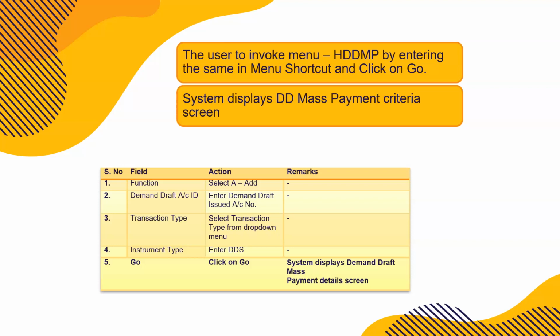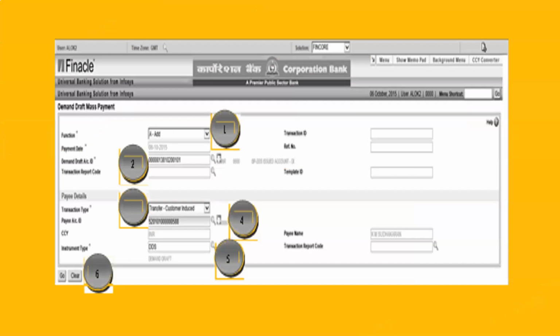Function A, enter demand draft issue account. So when you go on searcher and you write DDS and the account type, scheme type, right? Automatically the draft issue account number will be populated there. Select transaction type drop down. It is a cash or transfer, DDS instrument type, right? So this is here, click on go there.